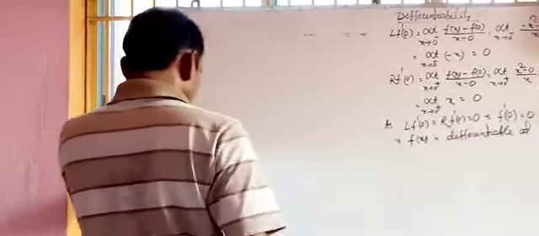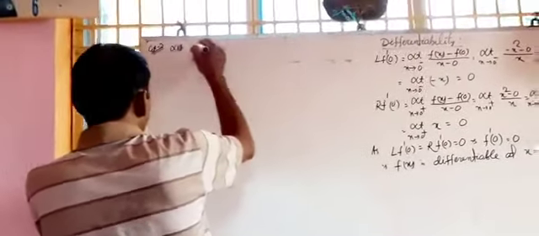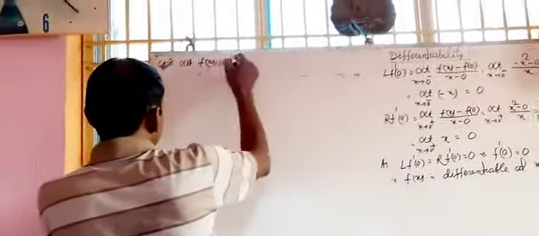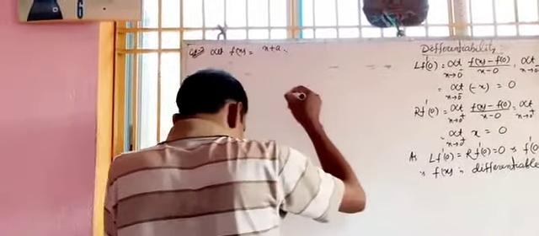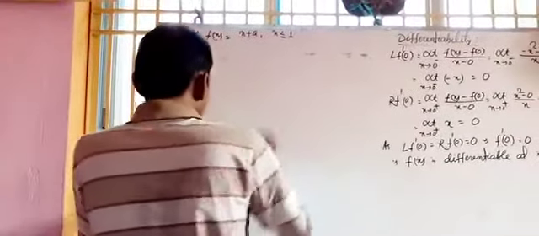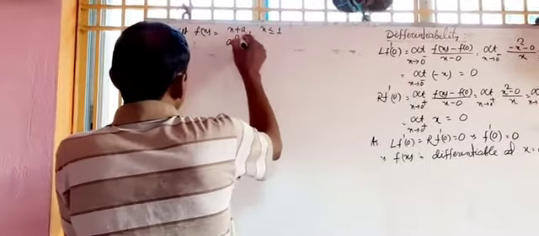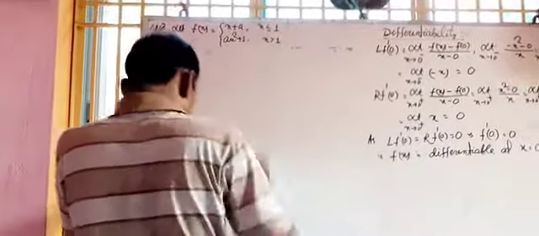Question is like: f of x equal to x plus a, condition is x is less than or equal to 1, and this is ax square plus 1 if x is strictly greater than 1.